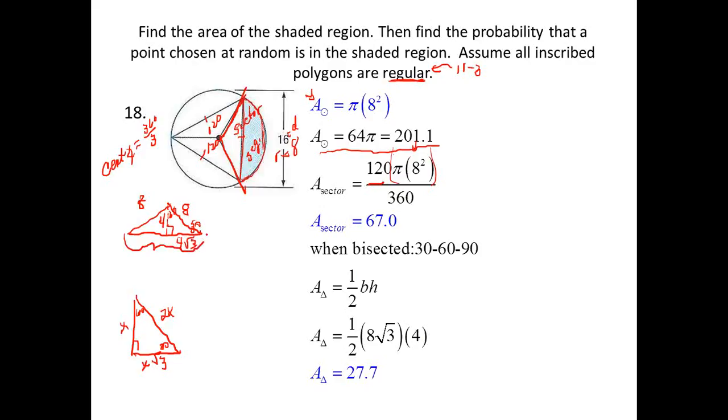But I cut it in half, so I got 4 square roots of 3 on each side, so that means I have a grand total of 8 square roots of 3. So my height is my apothem, and that's the reason for the 4. The 8 square roots of 3 is this. I'll give you a minute to look at that. Again, it's a 30, 60, 90 triangle, and I would definitely know that triangle. We've had that in the past. So there's a 30, 60, 90.